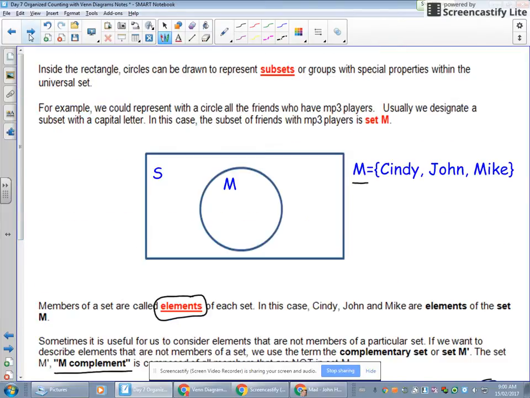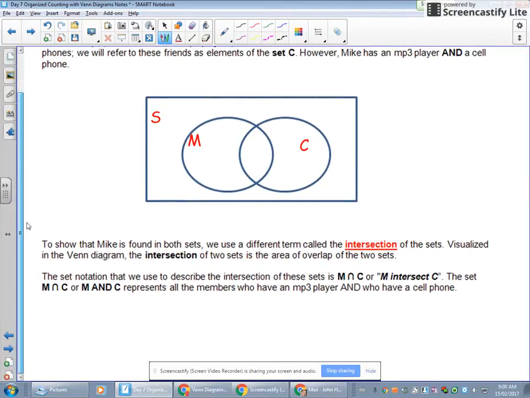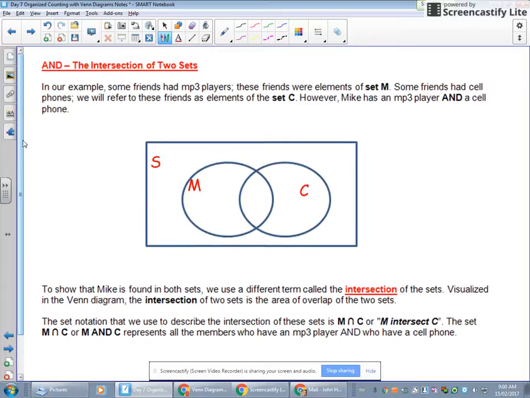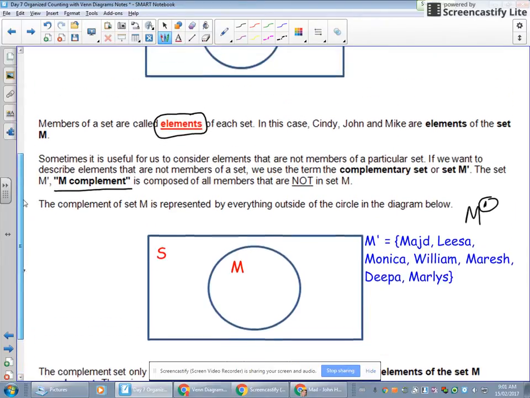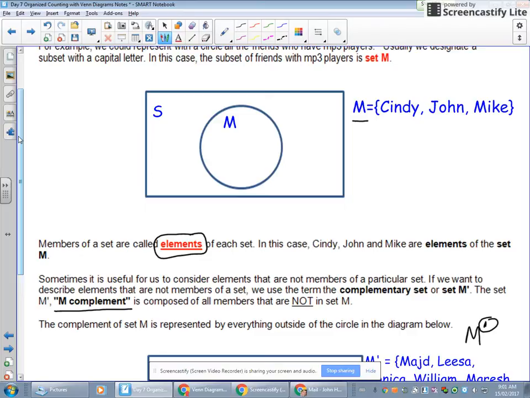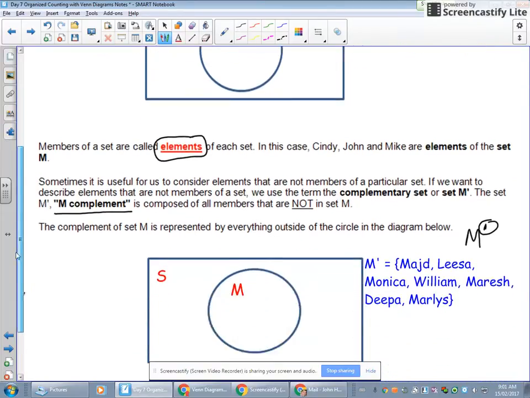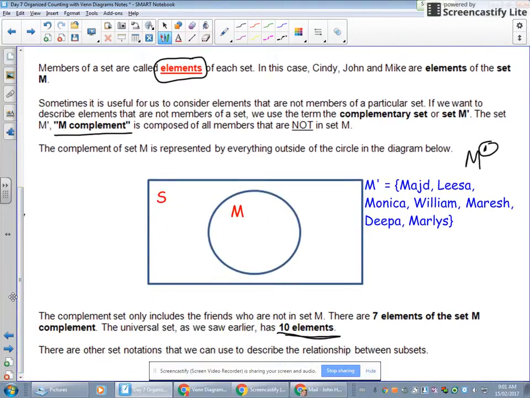We have a total of 10 elements inside of it. 3 of them have MP3 players. That must mean that the complement of M adds up to 7: 1, 2, 3, 4, 5, 6, 7.